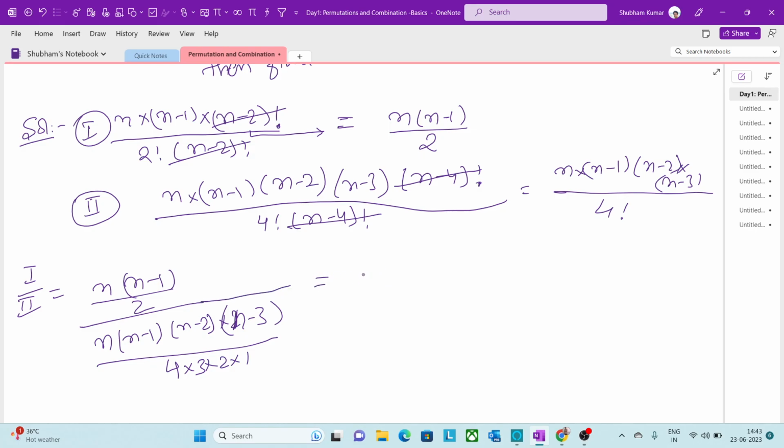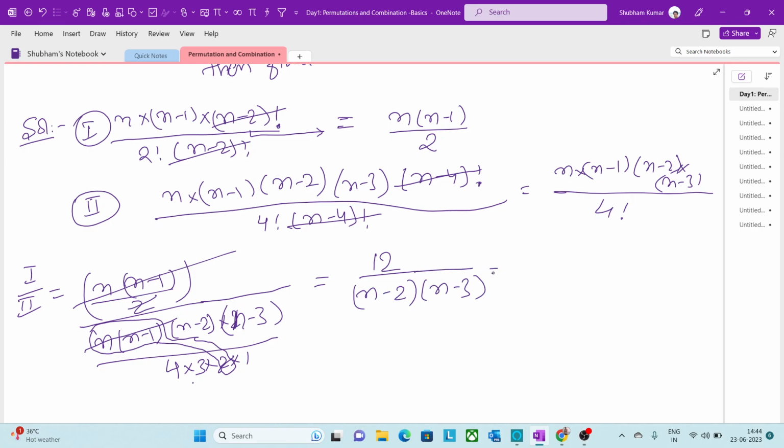So we try to solve this. These things will be cancelled out, and basically we will be left with 1 divided by n minus 2 into n minus 3.